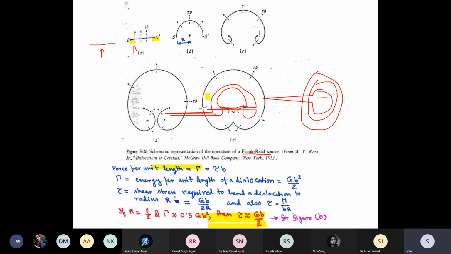Tau is equal to GB by L, and L is very big means tau is very small, it loses its strength. So never ever heat a precipitation hardened alloy above a threshold temperature. So a plane body is never welded, it is always riveted.